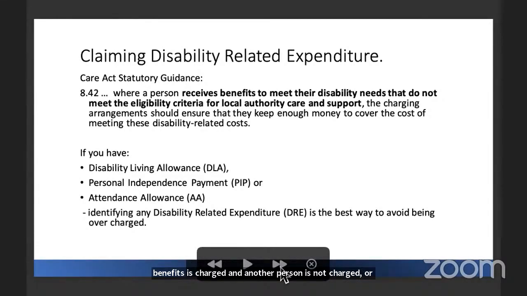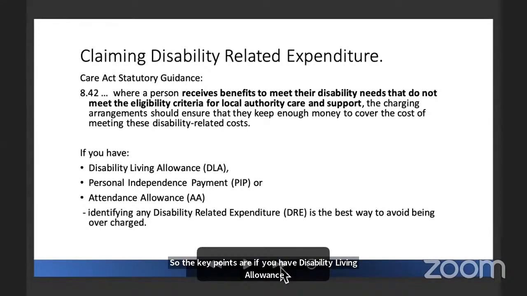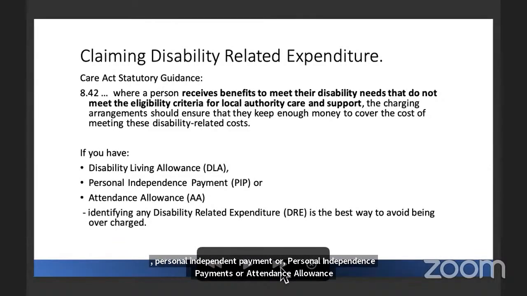The key points are if you have Disability Living Allowance, Personal Independence Payment, or Attendance Allowance for care, then identifying your disability related expenditure is really the best way of avoiding being overcharged.